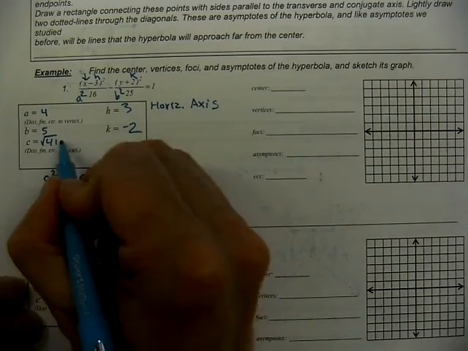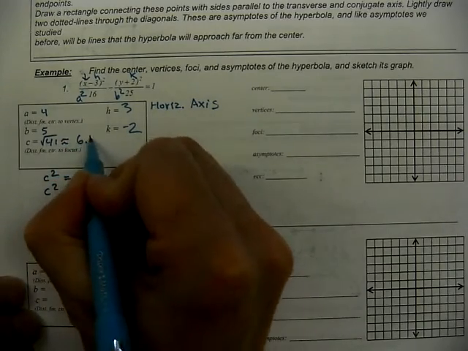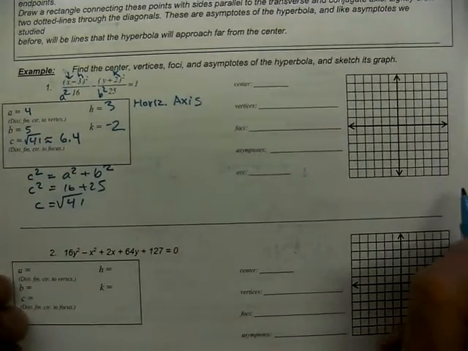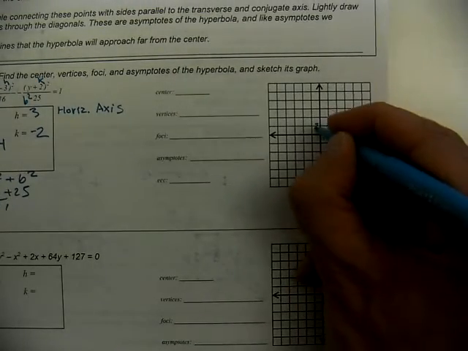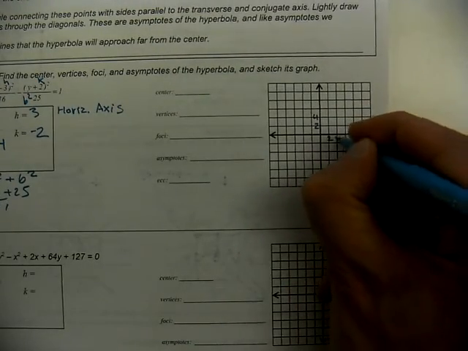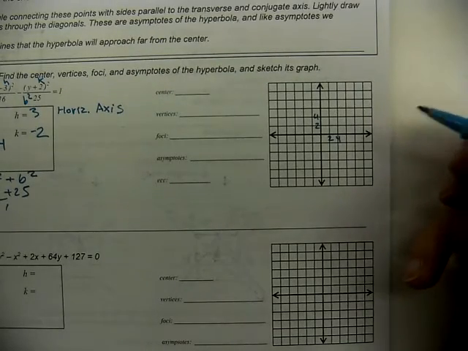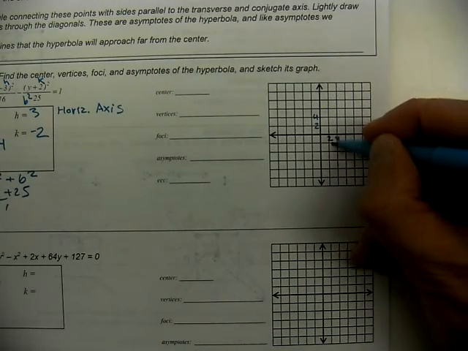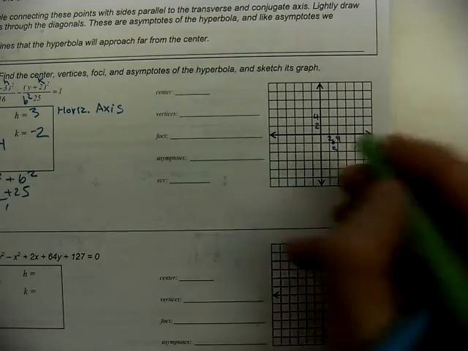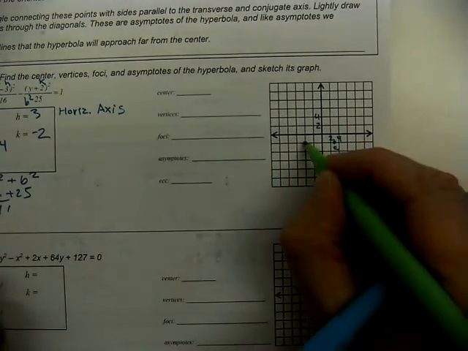And to plot that, we'll turn it into a decimal value of about 6.4. Because of the scale of these things, I'm often going by 2's on both of my axes. So let's get our center down here at 3, negative 2. There it is. And then just for reference, here's my horizontal axis.